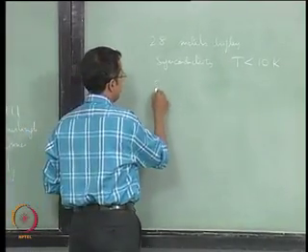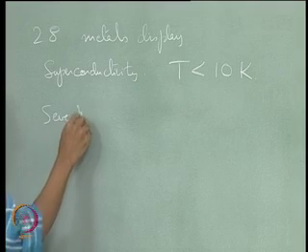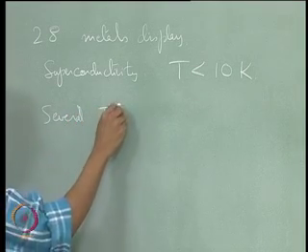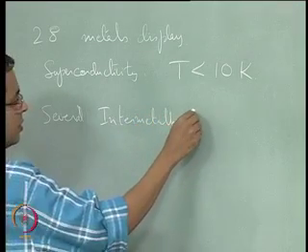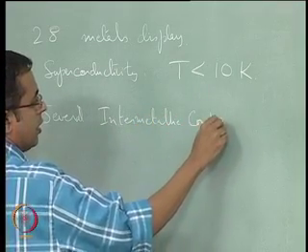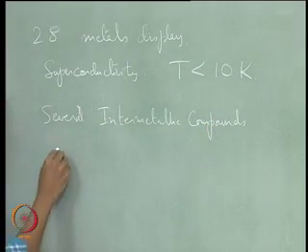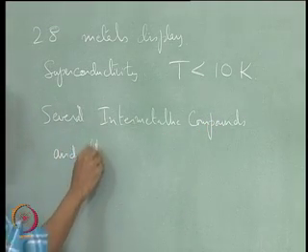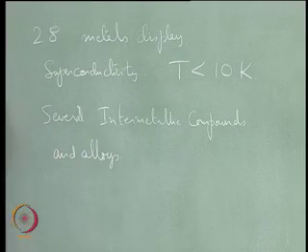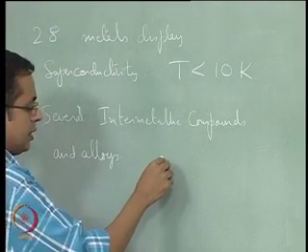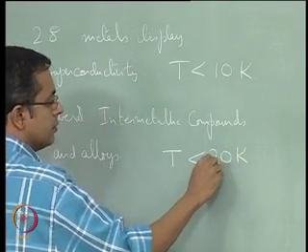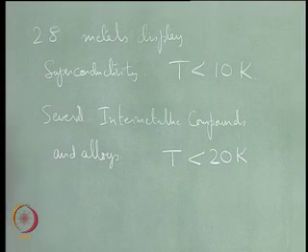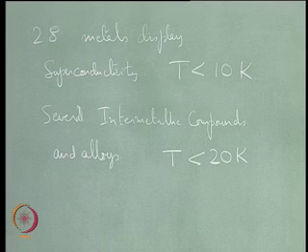Then there are several intermetallic compounds and alloys that show superconductivity in the temperature range of less than about 20 Kelvin. So temperature less than 20 Kelvin is sort of what you are looking at for most of these systems.